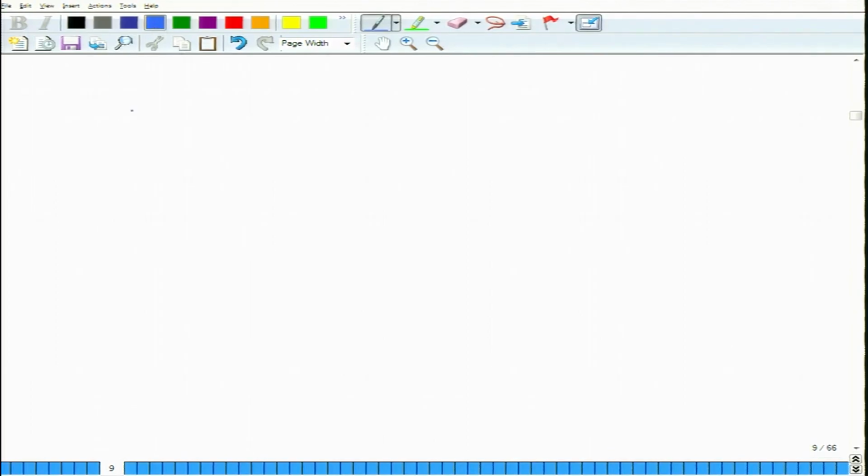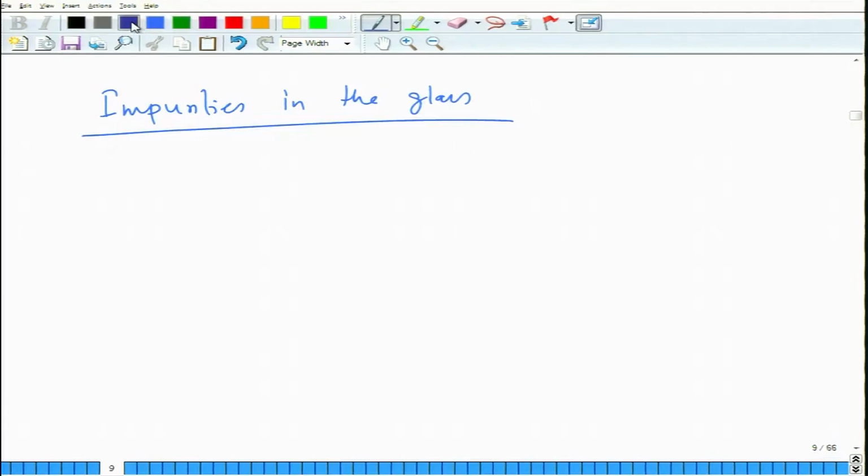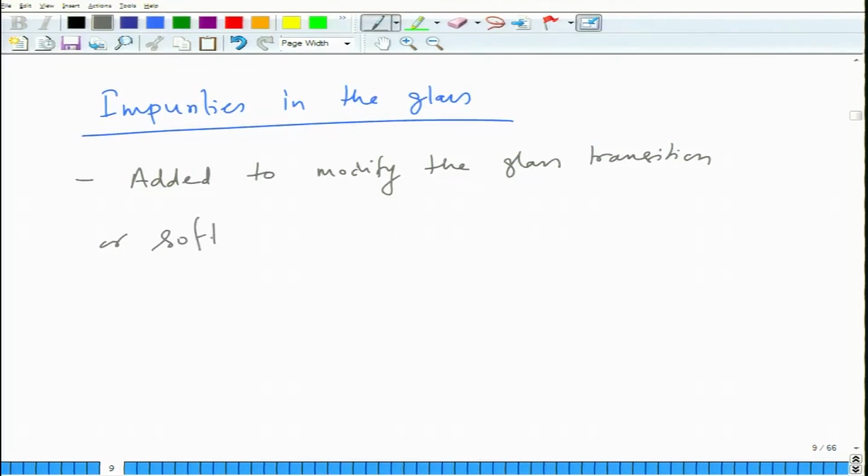So basically, you have impurities in the glass, and these are added to modify the viscosity or softening temperature.